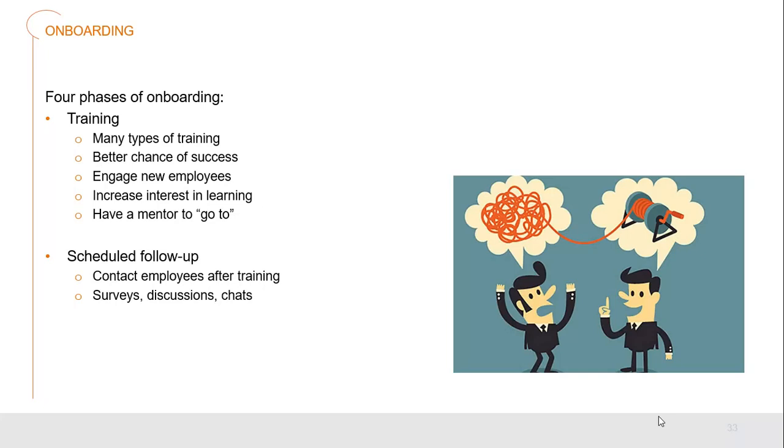Always schedule follow-ups with that employee as well so that you can contact them after training and have surveys, discussions, chats, just to make sure that that full onboarding worked out well for that employee and it was a benefit to them, and hopefully it's going to mean that that employee will stay for a long time.